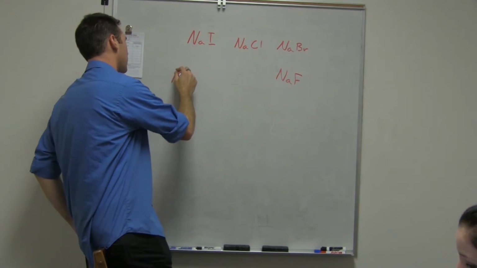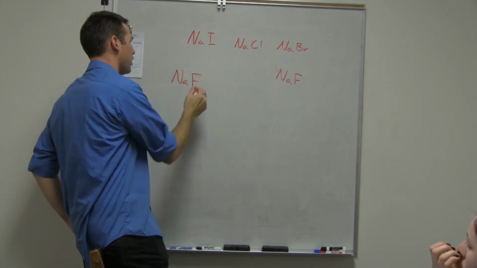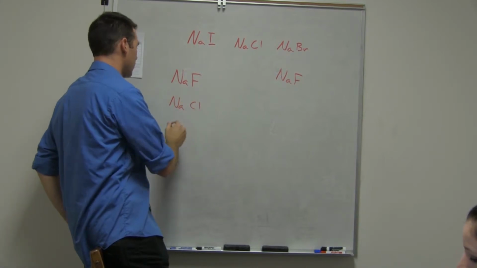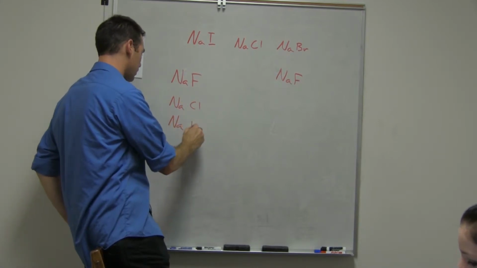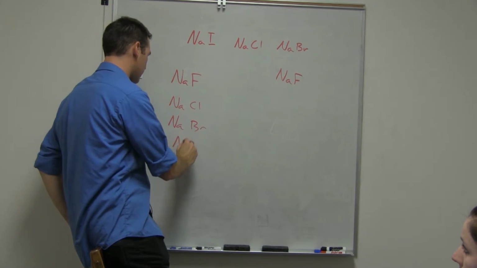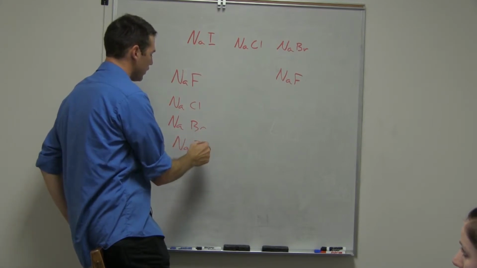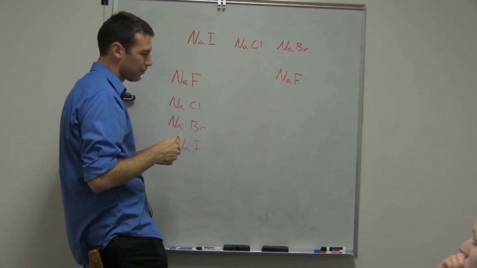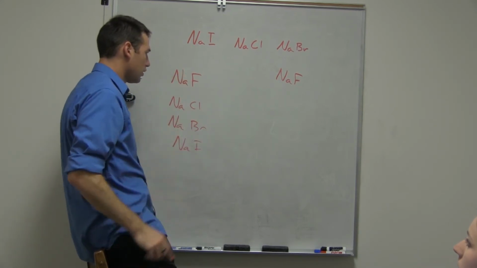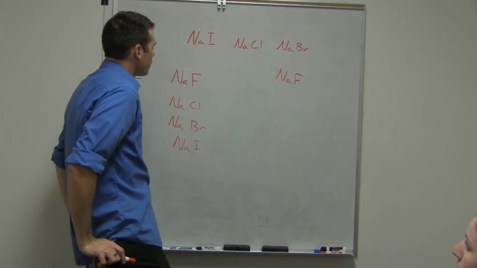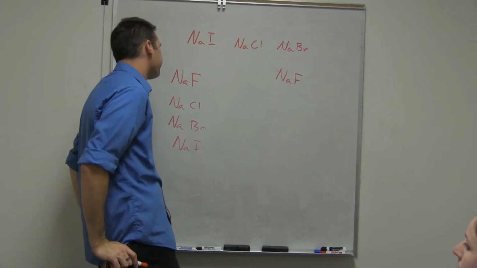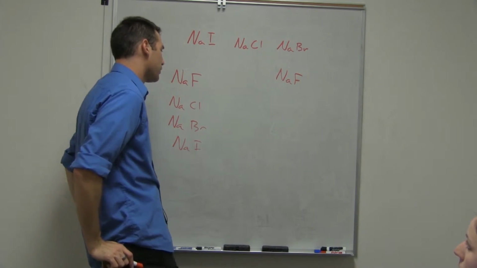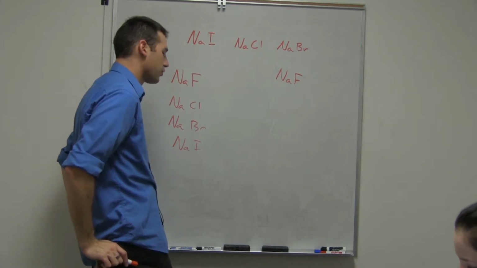I know that F comes first in the periodic table, and then comes chlorine, and then bromine, then iodine. So I know first of all that it's either going to be in this order or in that order. Because it's based on size, it's all trends. So the question is, which one would be able to be pulled apart easier by water?